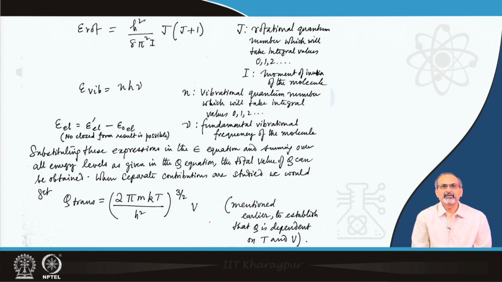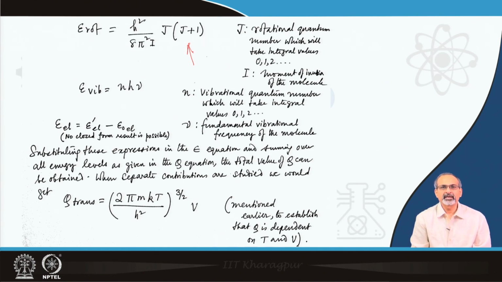If you look at the expression for ε rotational, then it comes in the form of this, where j happens to be the rotational quantum number, which can take integral values 0, 1, 2, and so on. I represents the moment of inertia of the molecule. h, as usual, represents Planck's constant.